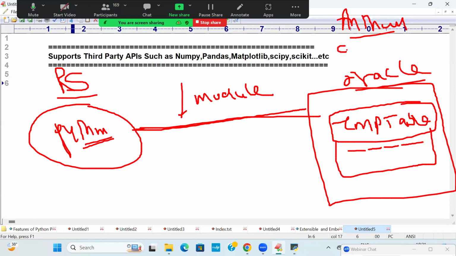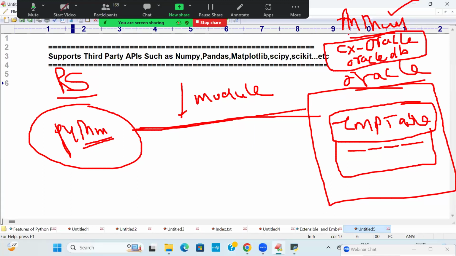What is the module he developed? cx_Oracle. This is a module he developed for up to Python 3.10 version. For 3.11 and 3.12, he developed one more module called oracledb.